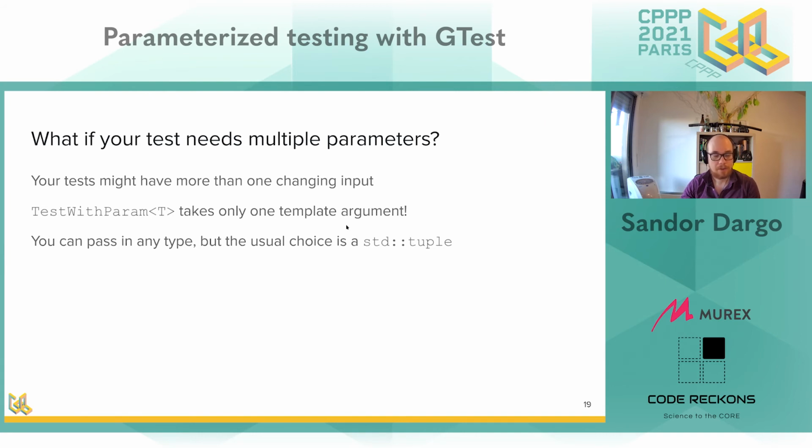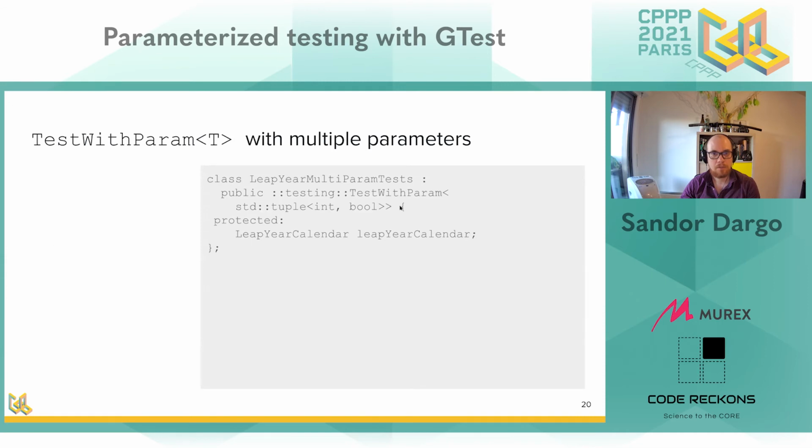You could create a struct that holds all the different variables, all the different parameters you need. But by convention, I would say we use std::tuple. We use tuple to pass in just any combination of parameters. So what you do is that to TestWithParam, you pass in a tuple, let's say, of an integer and a bool in this case.